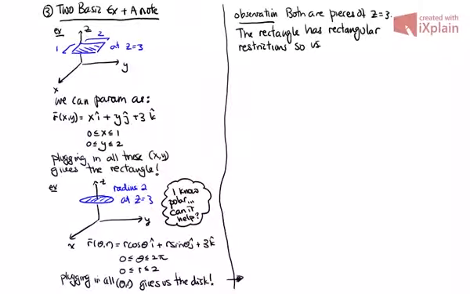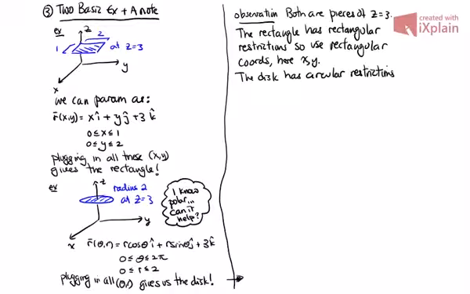So we use rectangular coordinates here, x and y. The disk has circular restrictions, if you like. So we use coordinates that are familiar for that. So we use theta and r.